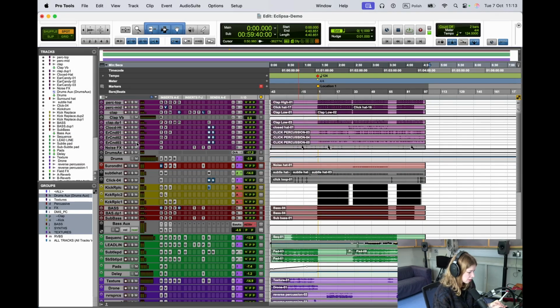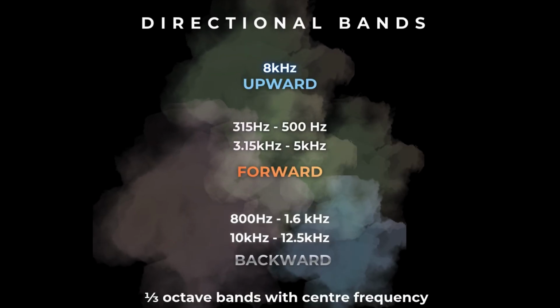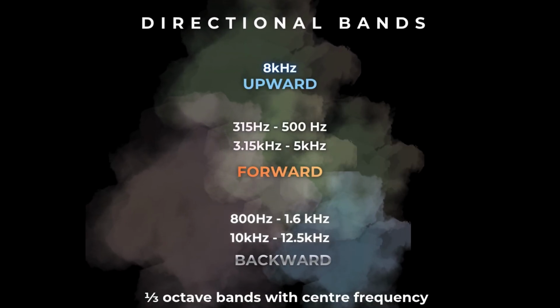So this production on the compositional stage, and then on the mixing and production stage as well, is very much driven by psychoacoustics. So we benefit from knowing about the directional bands, which I'm going to put the link to below.